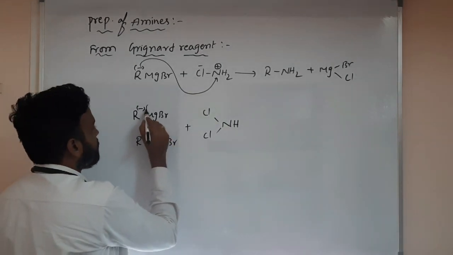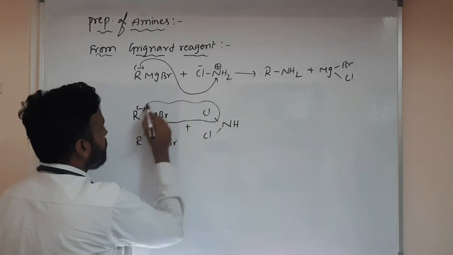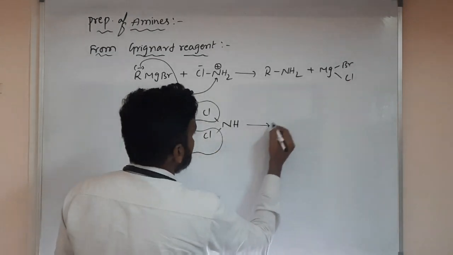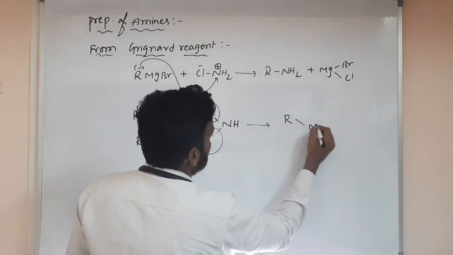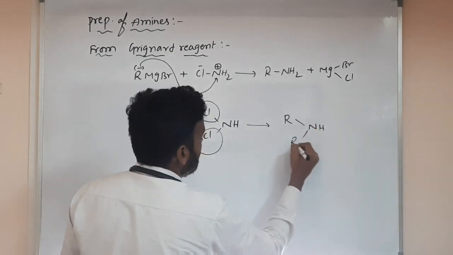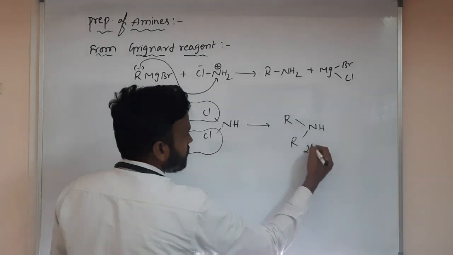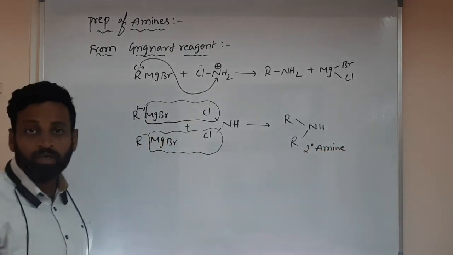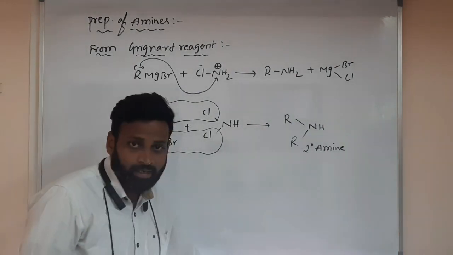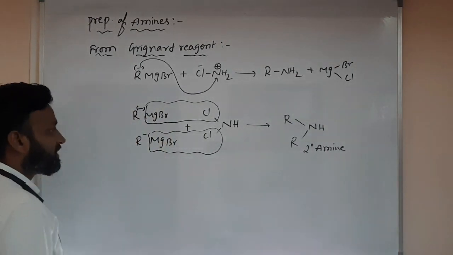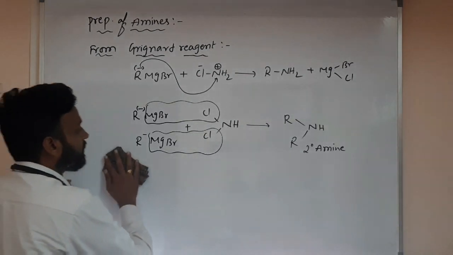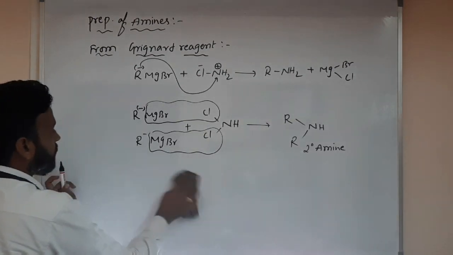Same story: this MgCl will go and this MgCl will go, so 2 moles are removed. Then you will get R-NH-R, a secondary amine. If you want tertiary, you have to take 3 moles. In that way you can have this one more preparation.